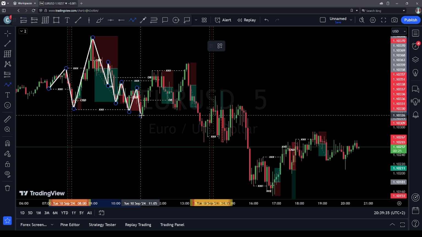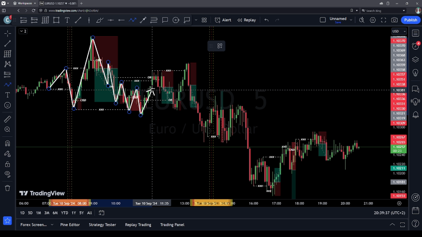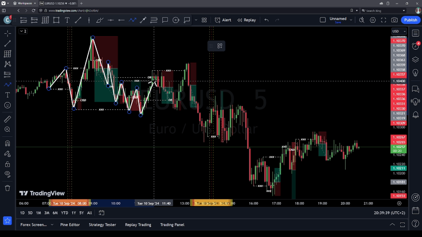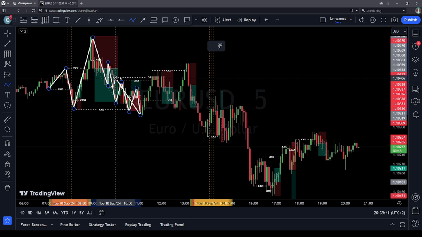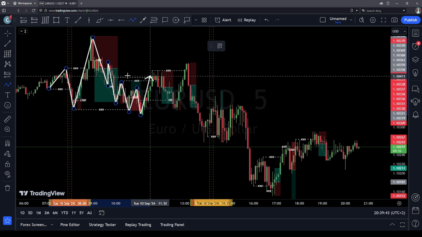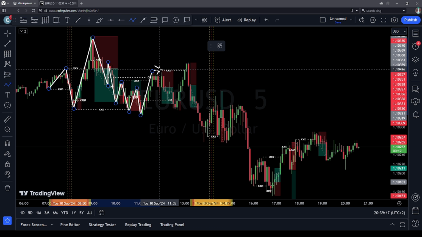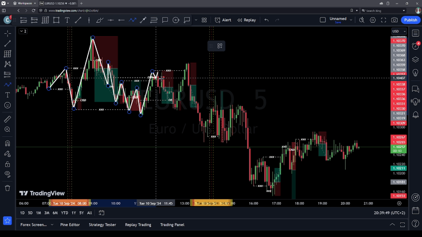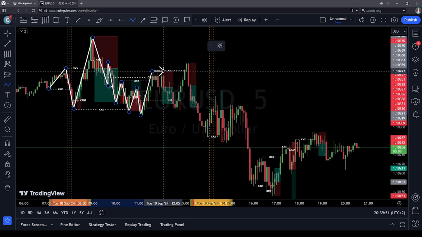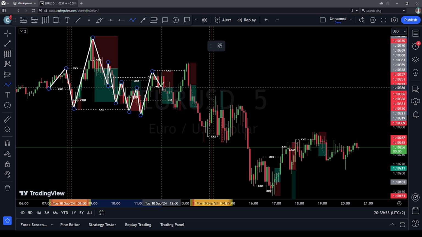Now as price went up, it took liquidity right here and tapped into this order block that I pre-marked right here, right? Now as it came down, it created a CISD, which I then entered on that candle closure. I didn't enter, but you guys get what I'm saying.